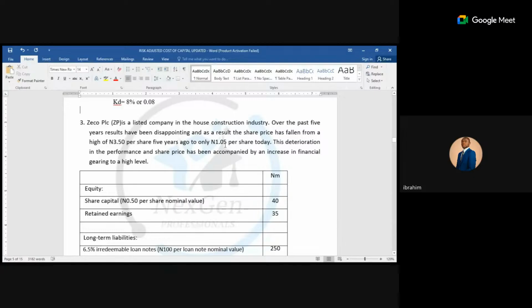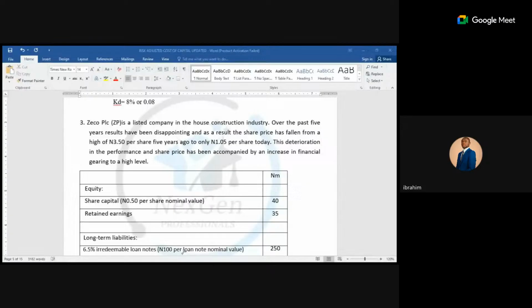This deterioration in the performance and share price has been accompanied by an increase in financial gearing to a high level. Of course, when a company has a high level of gearing, it will affect the share price, meaning that investors will not be willing to invest in that company, because you should not forget that they pay the debt holder before the ordinary shareholder.